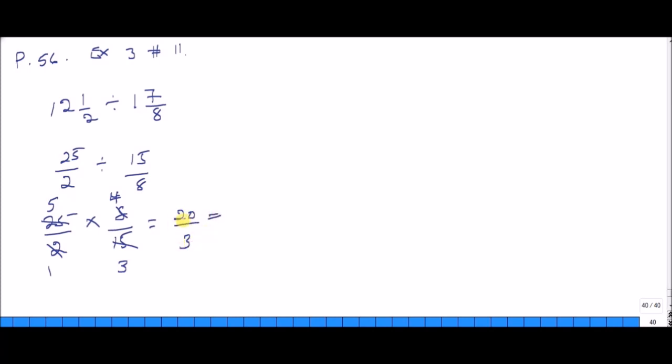We say 3 into 20 goes 6 times, because 6 threes would be 18, and 2 over 3. So 12 and a half divided by 1 and 7/8 would be equal to 6 and 2/3.